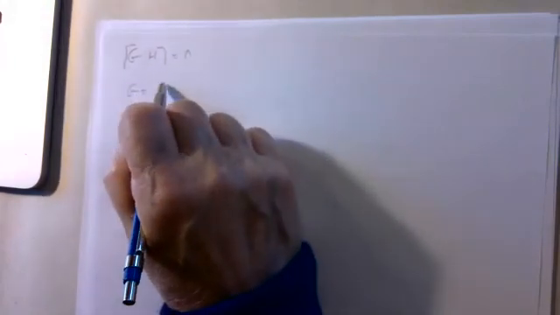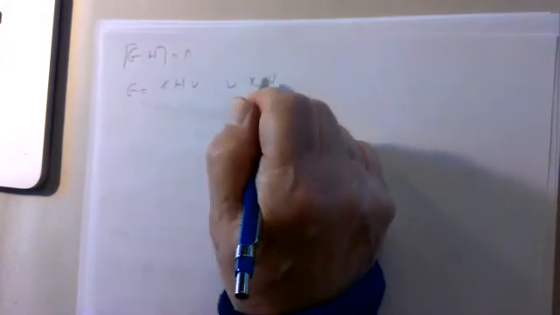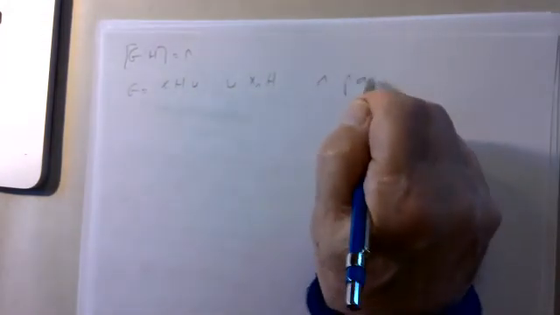So the index of H in G is equal to r, and G is the union of r pairwise disjoint left cosets.